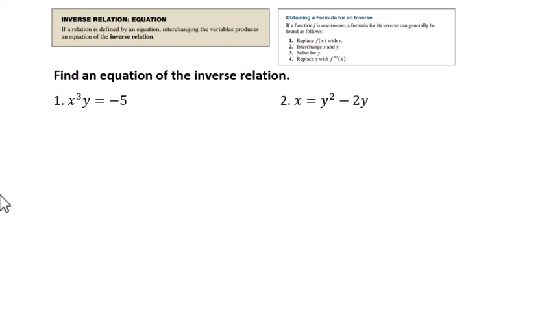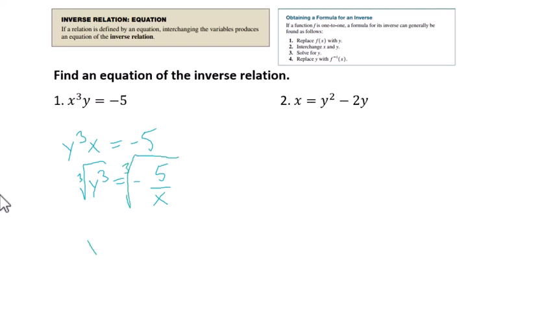So right here, we're going to switch x and y, and so this will become y cubed x equals negative 5, which would then become y cubed. We get rid of this x by dividing, so negative 5 over x. And then this is a third power, but we need a cube root, so we are going to take the cube root.